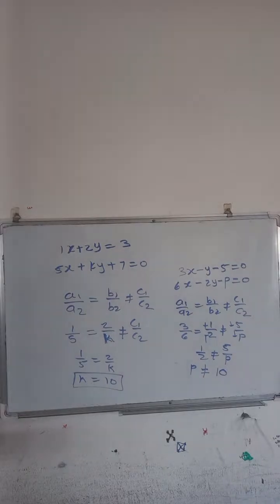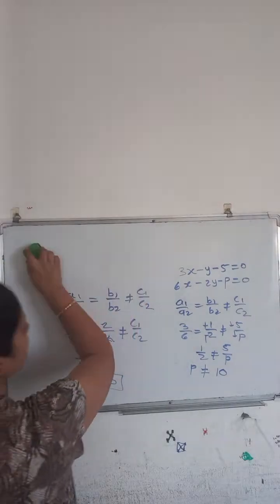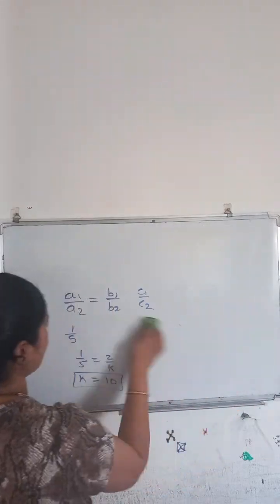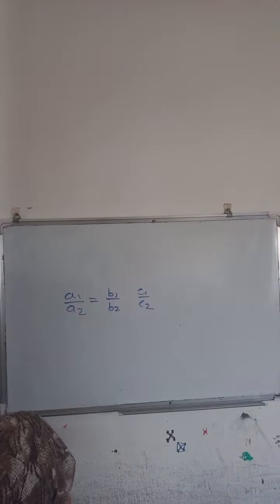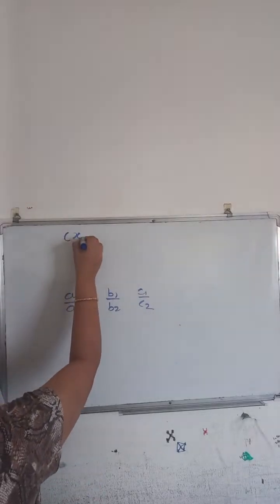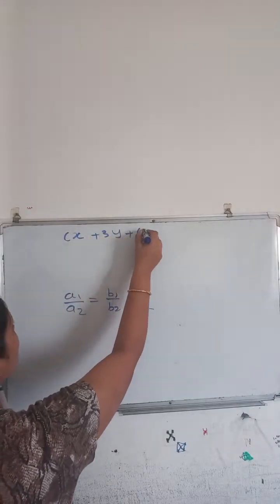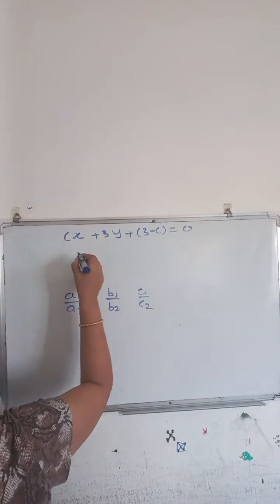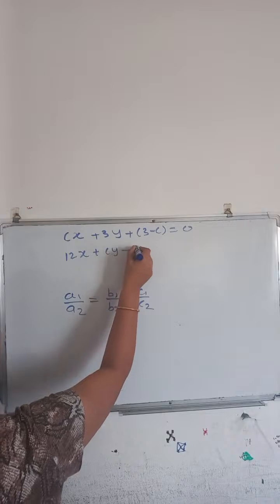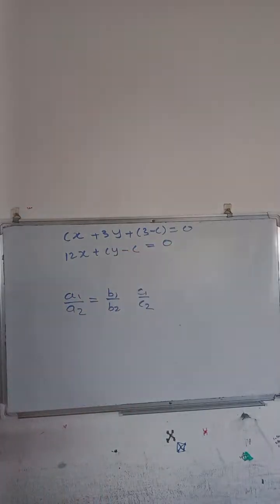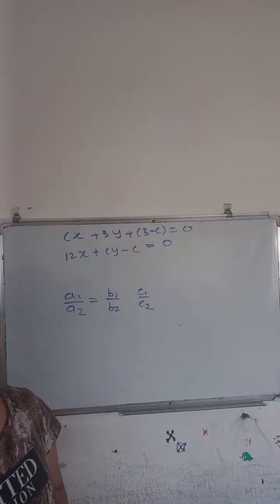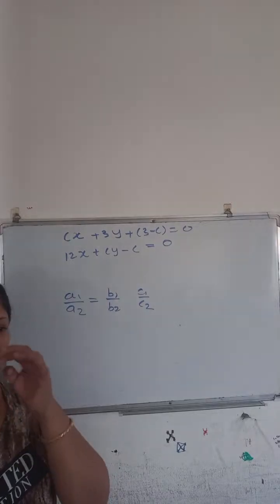Now next question, write down. Find C if the system of equations Cx plus 3y plus 3 minus C is equal to 0 and 12x plus Cy minus C is equal to 0 has infinitely many solutions. Here two linear equations are given and they have infinitely many solutions.